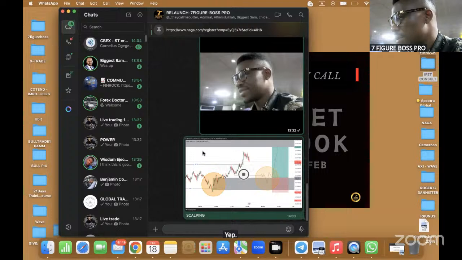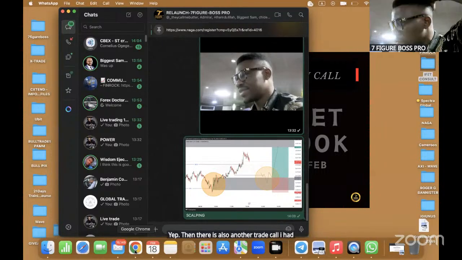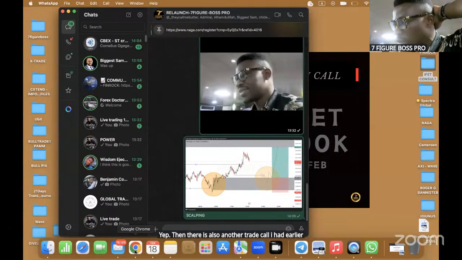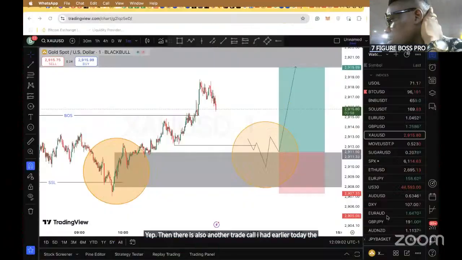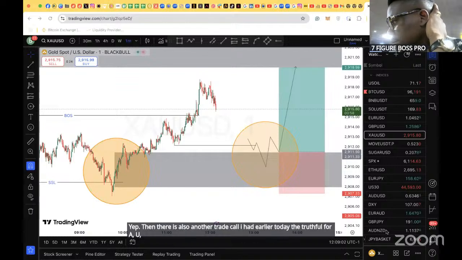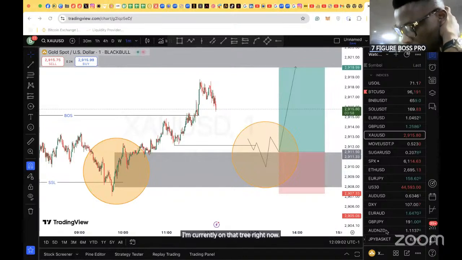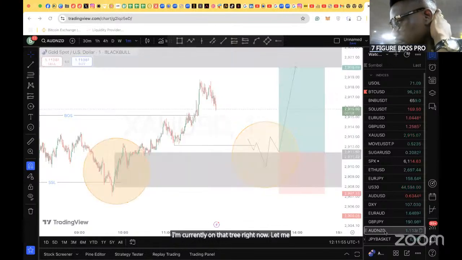Then there is also another trade call I had earlier today. The trade call for AUD NZD. I'm currently on that trade right now. Let me see what is happening there.